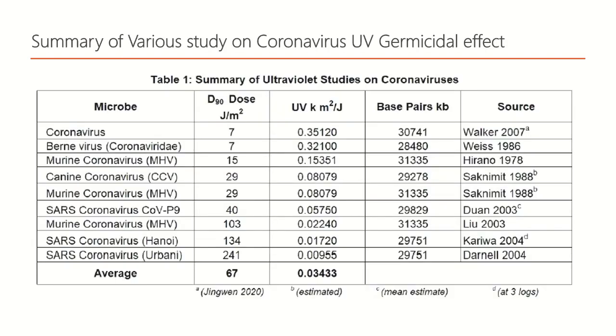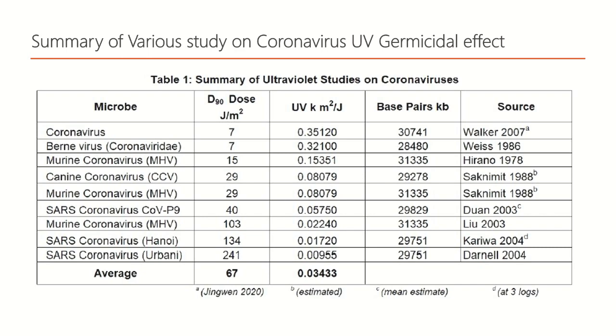Here is a summary of the effect of UV on various types of coronaviruses. Of course, this is not including the current novel coronavirus or COVID-19. But depending on this available data and doing some averaging, an effective dose of 67 millijoules per centimeter square for a D90 or a one log kill should be sufficient.